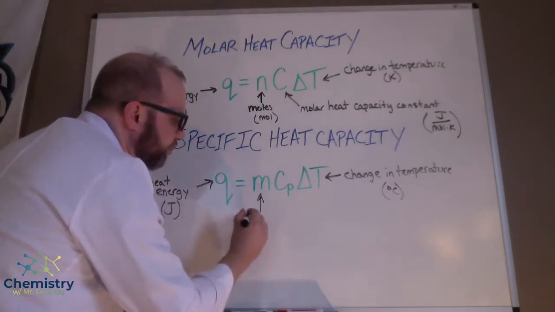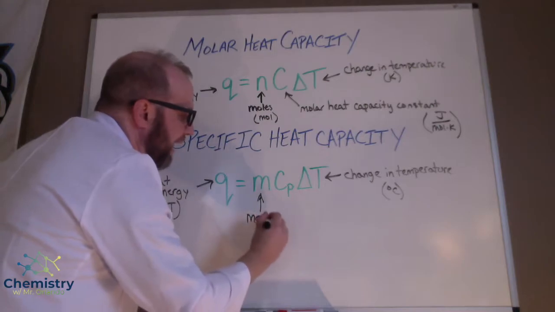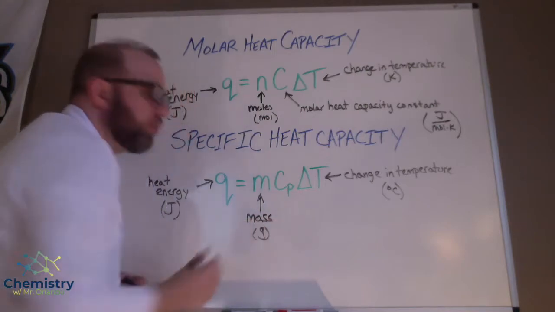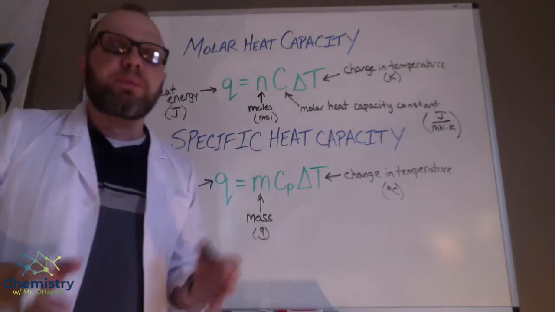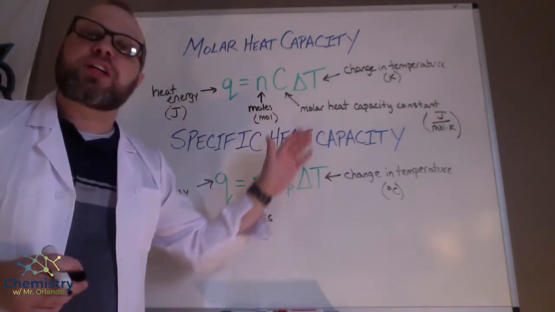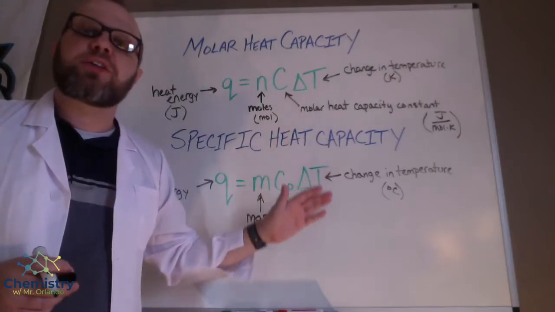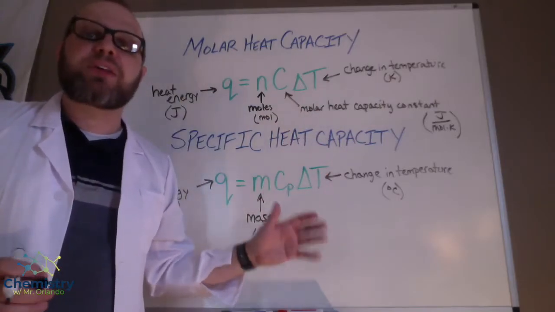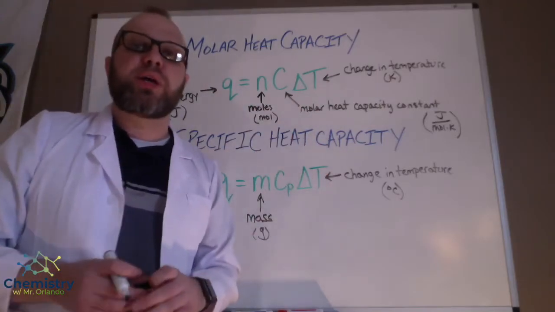In this case, we have our mass. So depending on what information the problem gives you, whether it gives you moles, or mass, or a molar heat capacity, or a specific heat capacity, you'll use one of these two equations.